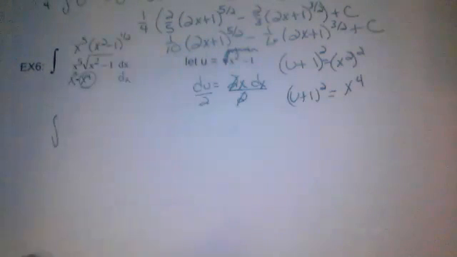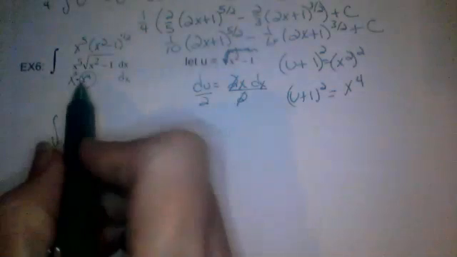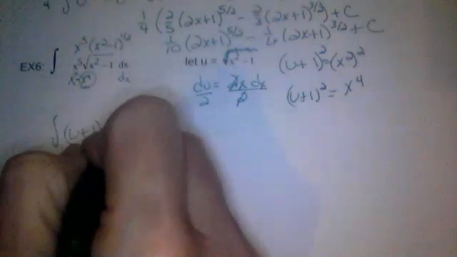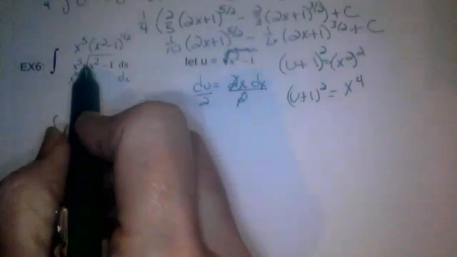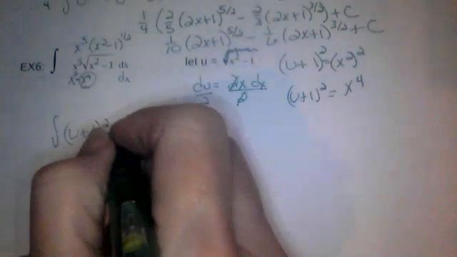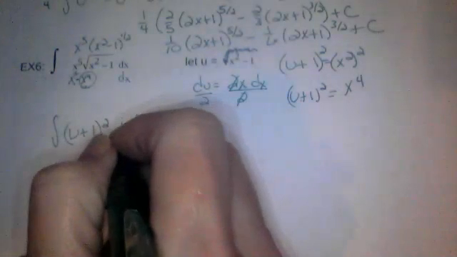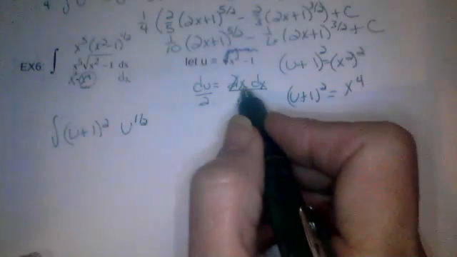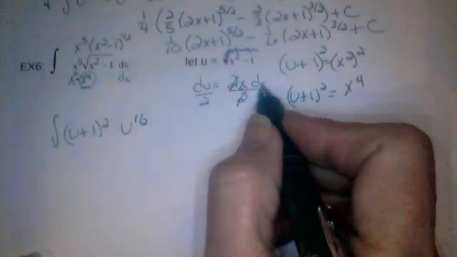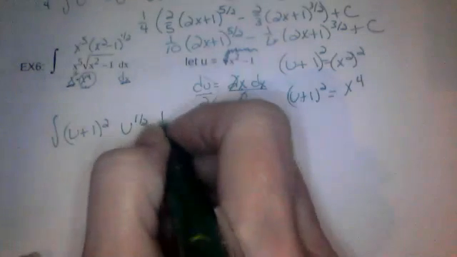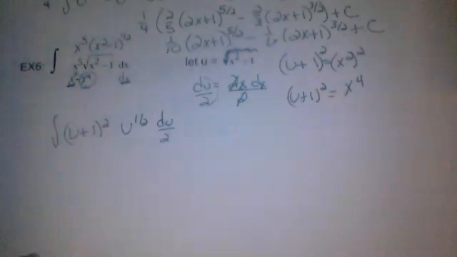So here we go. Replacing everything in the problem. This x to the 4th is going to be u plus 1 squared. This square root of x squared minus 1, or x squared minus 1 to the 1/2, would be u to the 1/2 power. This x dx is this single x dx, which is going to be replaced with du over 2.